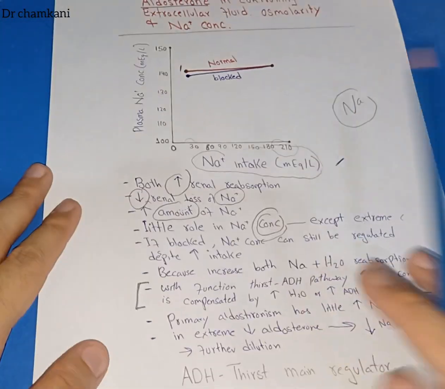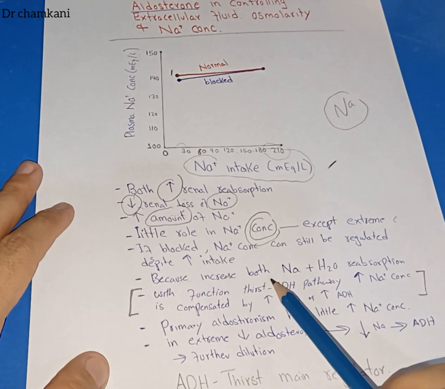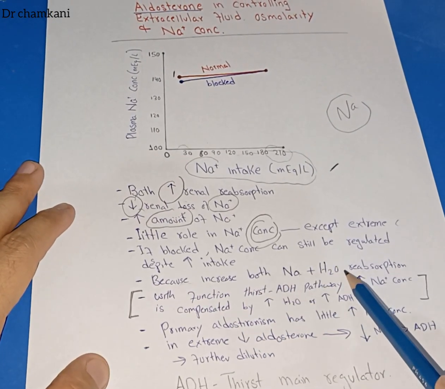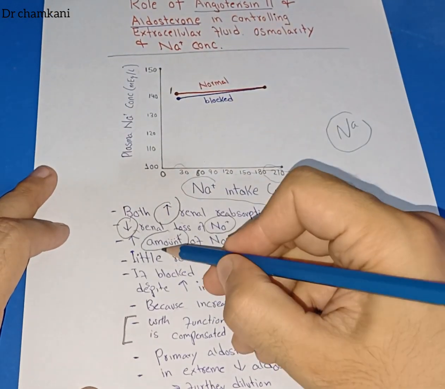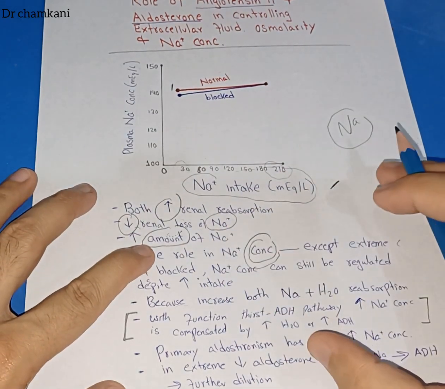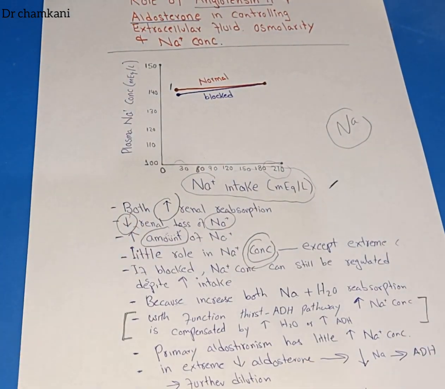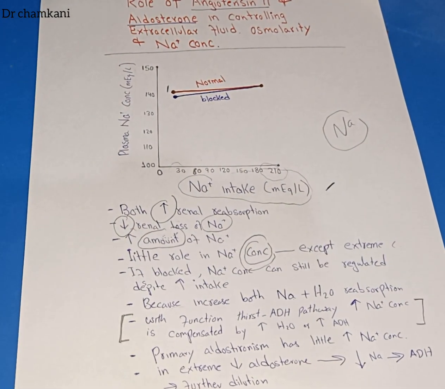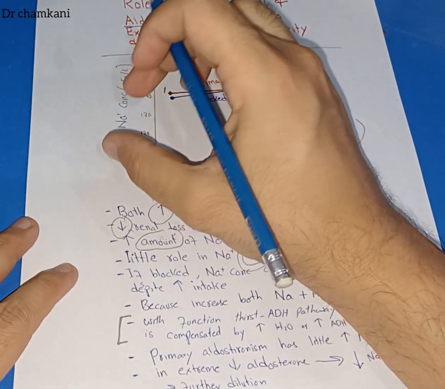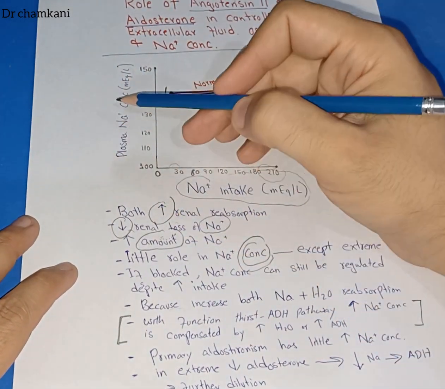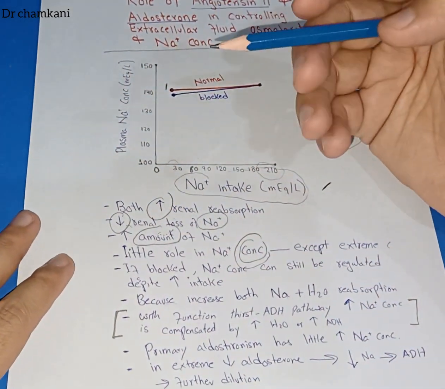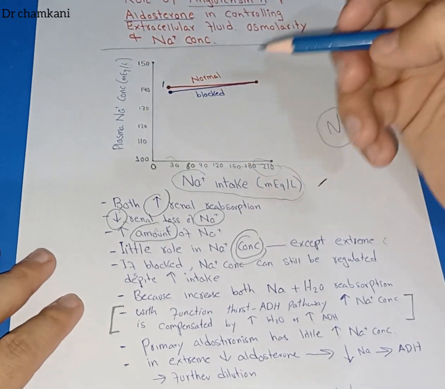Now, why do they have a minimal role? Because both increase sodium and water reabsorption. They increase the amount of sodium in the plasma, but at the same time they increase the amount of water. So both of them nullify each other's effect, and there is very minimal effect on the concentration or osmolarity of plasma.